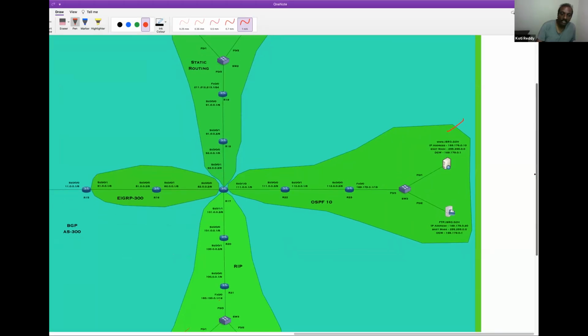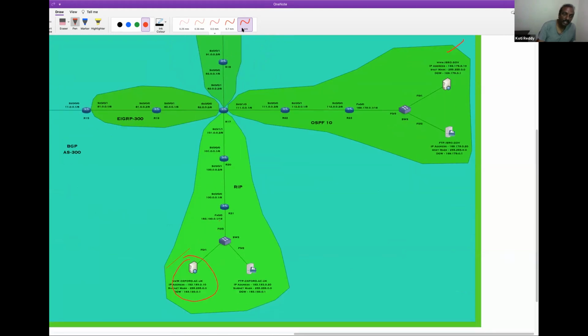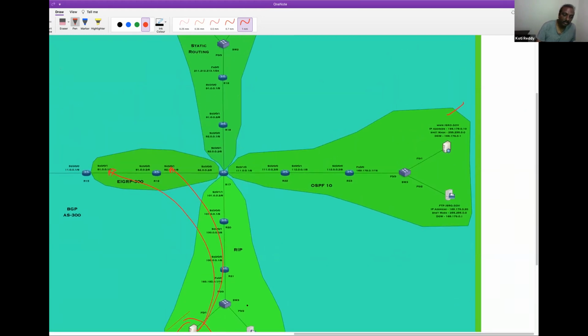So I go here. From this particular system in this ISP, I ping 81.1. I pinged 82.1. I pinged 91.1. I could ping 92.1. I could ping 111.1. I could ping 112.1.